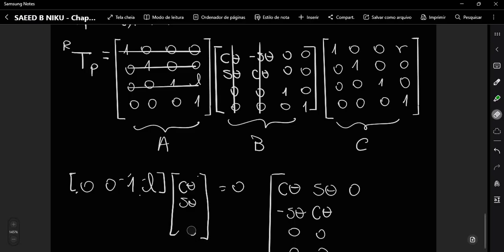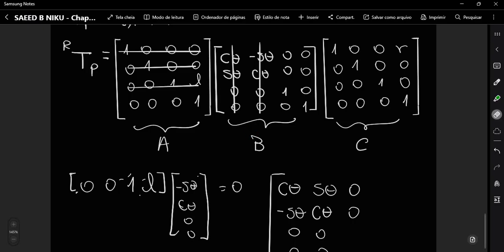Now this column, minus sine of theta, cosine of theta, 0 and 0. And it's all 0 again. Now 0 times 0, 0 times 0, 1 times 1.